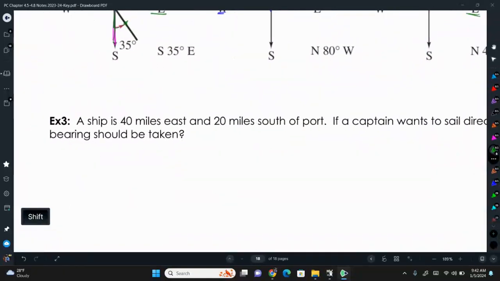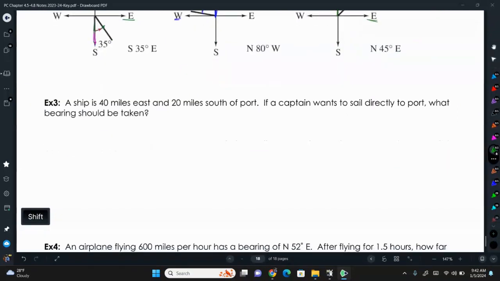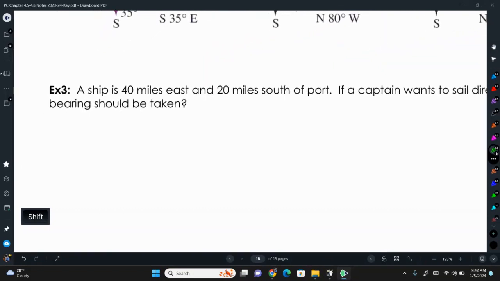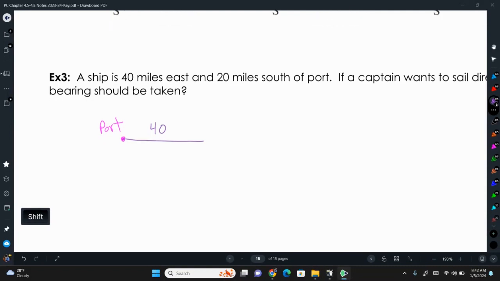So it says a ship is 40 miles east and 20 miles south of port. If a captain wants to sail directly to port, what bearing should be taken? So if here's our port, it says the ship is 40 miles east of the port, so that would be 40, and 20 miles south.